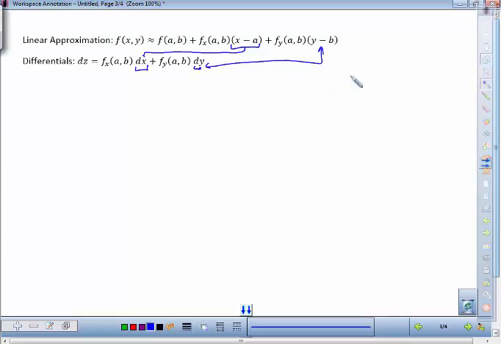Sometimes people even call this delta x, how the change happens from a particular value a, and delta y would be how the change happens from a particular value b. Now there's another difference between these two equations. You're missing a starting point function that gives you a base to where you start off.